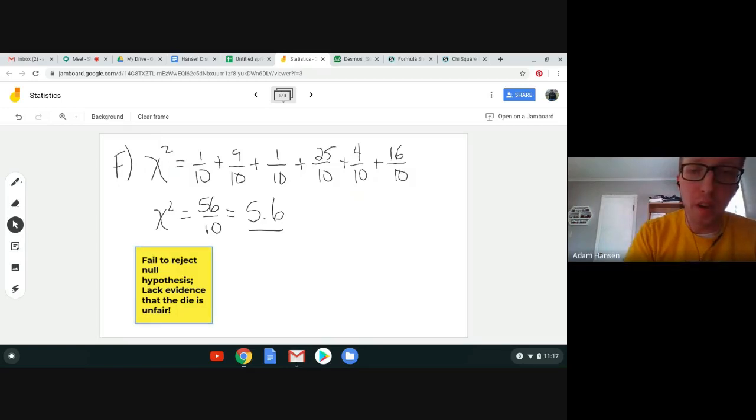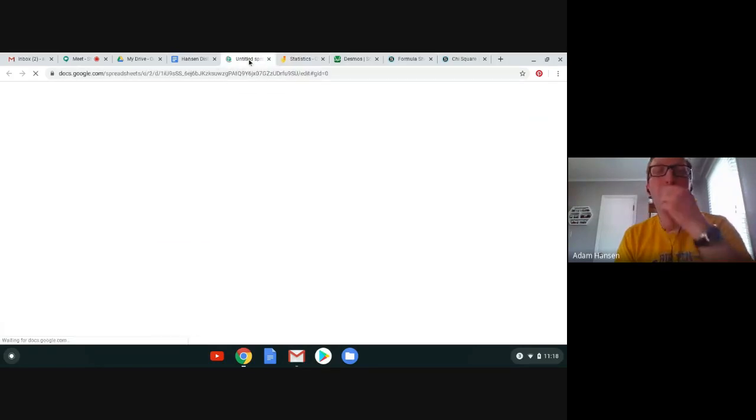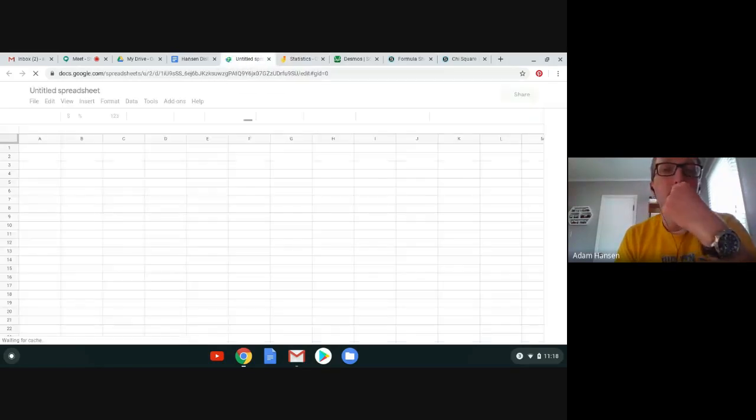We also need to find the p-value, and that is done using Google Sheets. Just like we have t-dist to help us find the p-value for a t-score, we'll have chi-dist for a chi-square p-value.